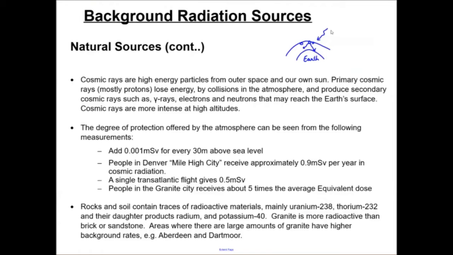So it's generally not the cosmic rays directly reaching the Earth's surface, but most of the radiation is because of the secondary radiation produced by the cosmic rays. So the cosmic rays get amplified because of these secondary radiations.